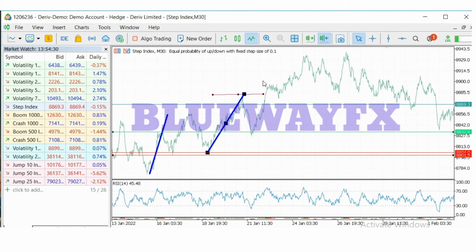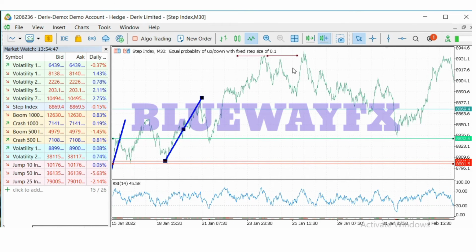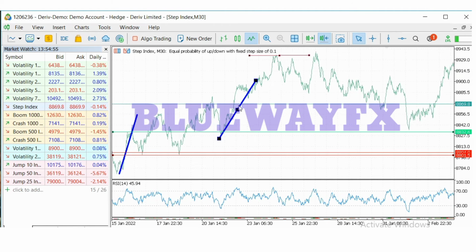Now you can see that this high was taken. This high took out this high here. So we are expecting that this becomes a valid structural high and low.